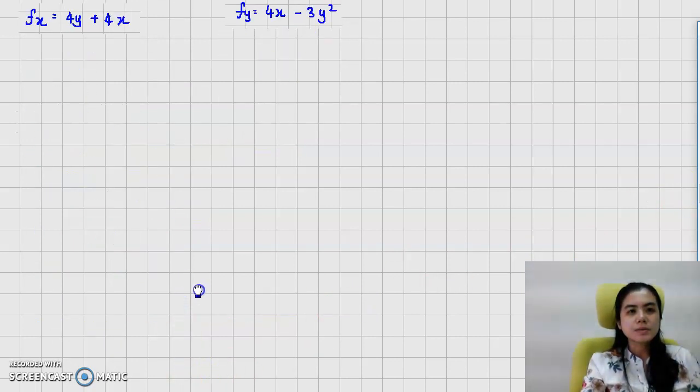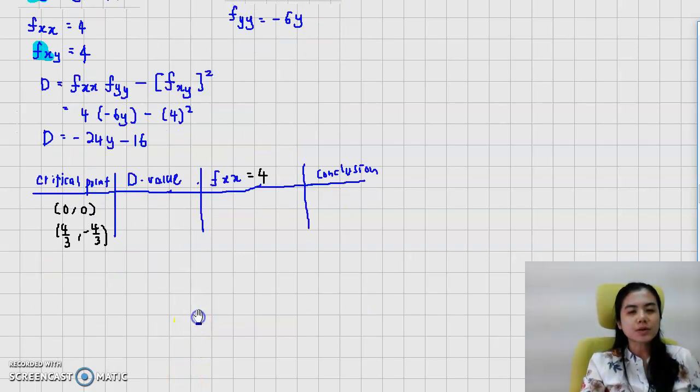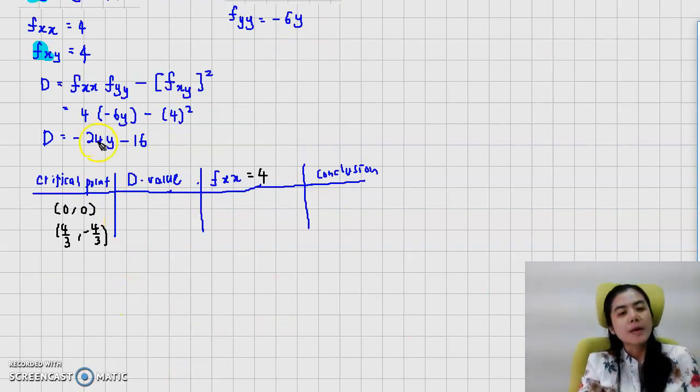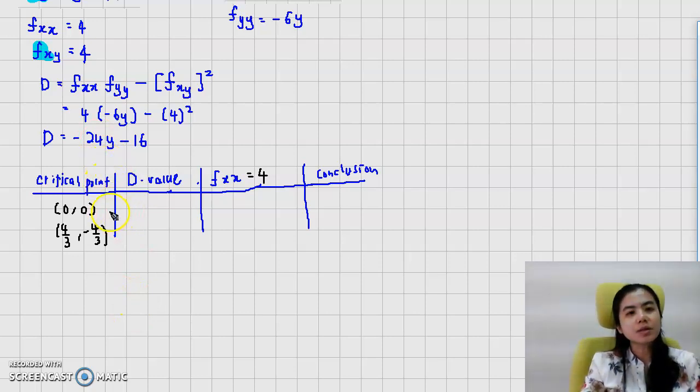So let's do the substitution first, okay? So if you do the substitution, you will have the D value that is getting from here. Basically, they ask you to do the substitution. You take the value from the critical point and you substitute into here.